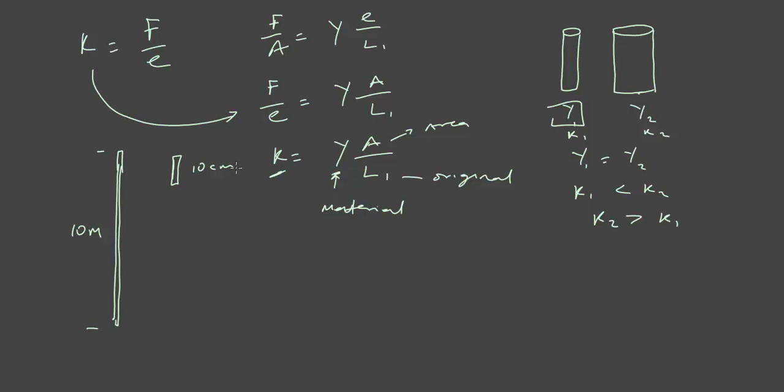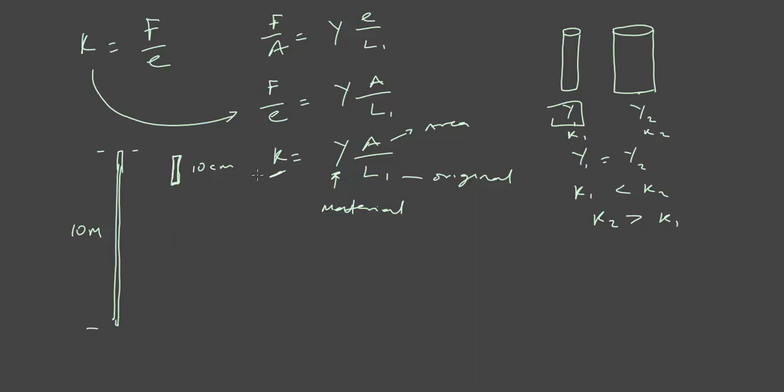You will notice that if you try to dangle this beam, you can easily dangle this beam compared to this beam. So what that suggests is this beam can easily respond to a stretching force compared to this beam. And the reason is the longer the beam, the smaller the stiffness.